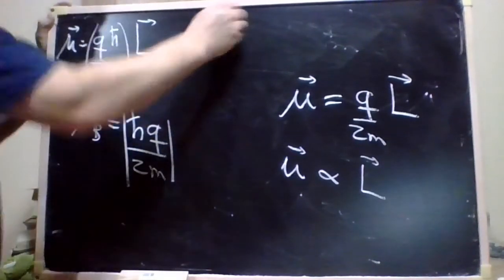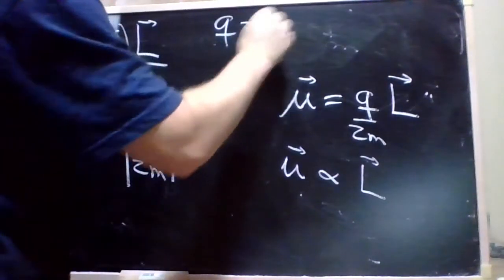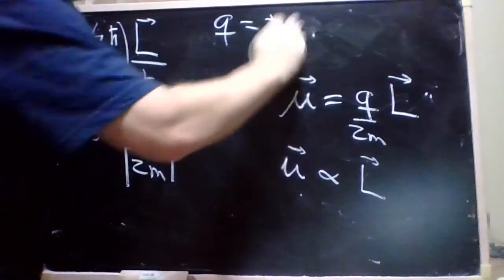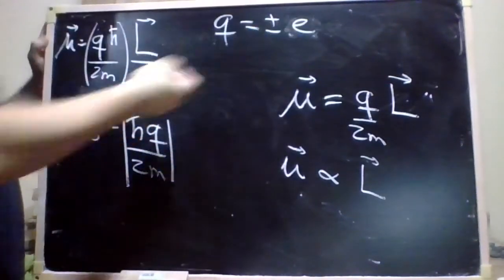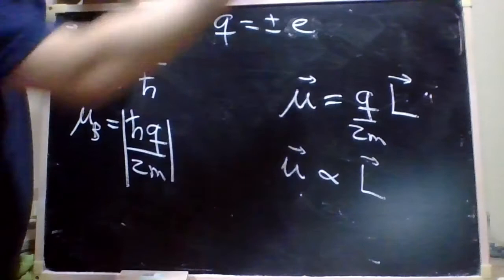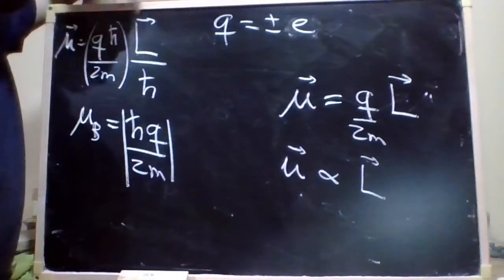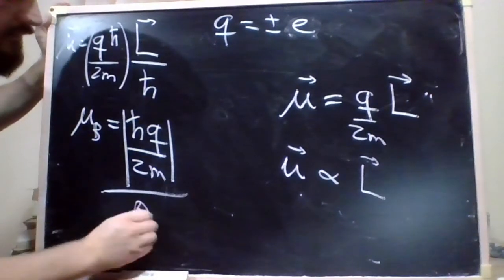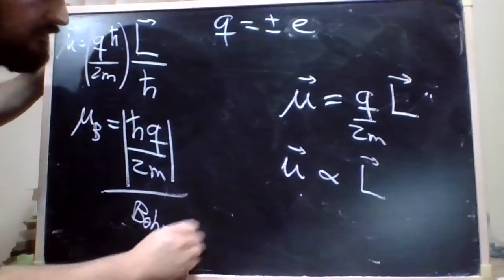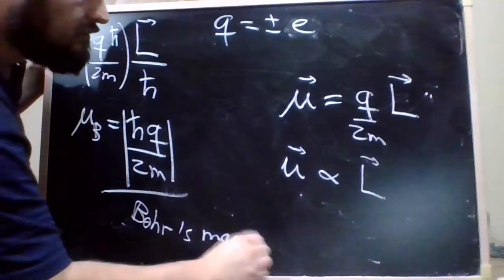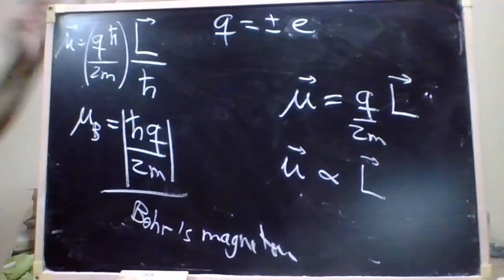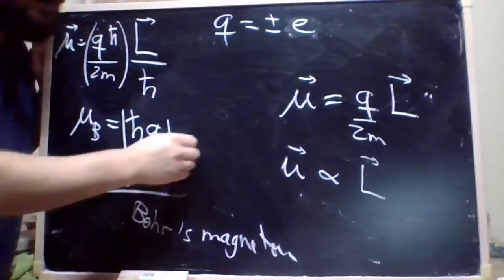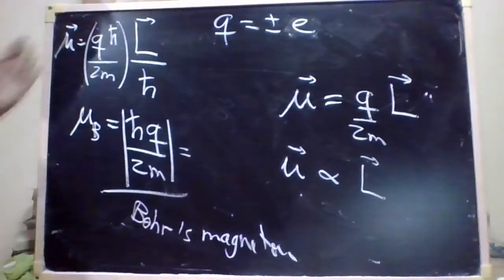So you write charge as plus or minus the modulus of the electronic charge, or it can be another multiple of that quantity, for instance. But this is called the Bohr Magneton. All right? You can calculate the number here if you are interested in calculating the number here, right?